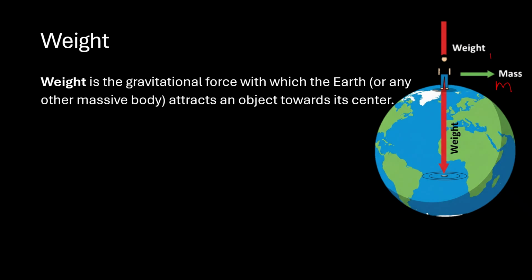The weight of this person will be the gravitational force Earth is applying on this person, right? So we can calculate how much gravitational force Earth is applying on this man, and that force will be nothing but the weight of that person, right?